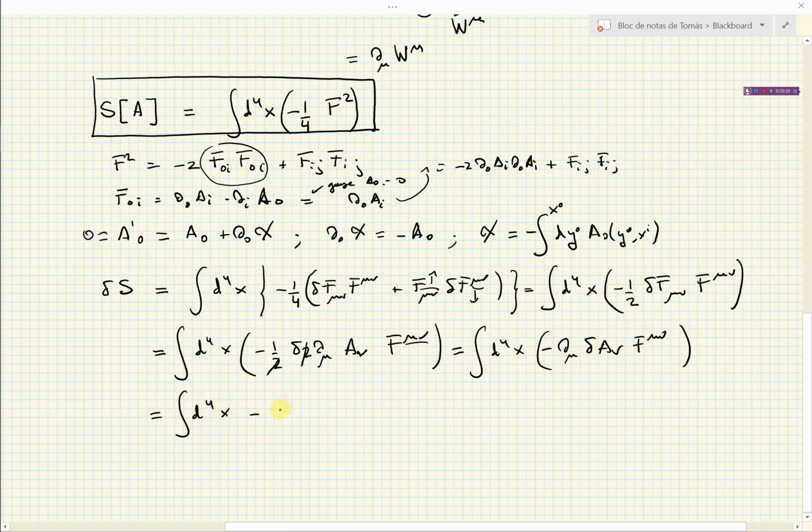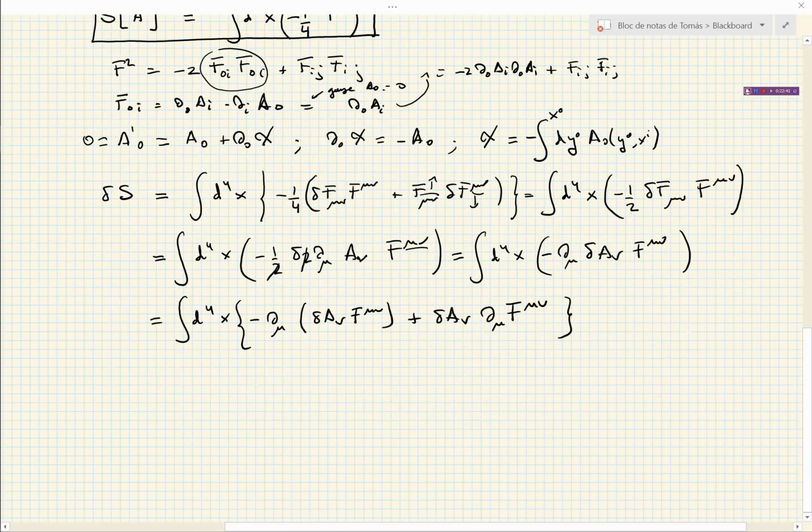So this is minus partial mu of delta A nu F mu nu plus delta A nu partial mu F mu nu. Okay, we know that this term can be eliminated by assuming that on the boundary delta A nu vanishes.